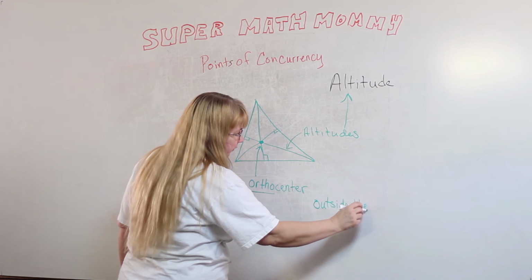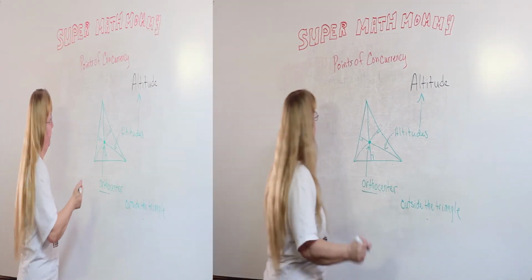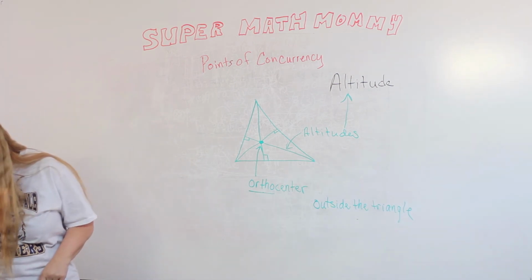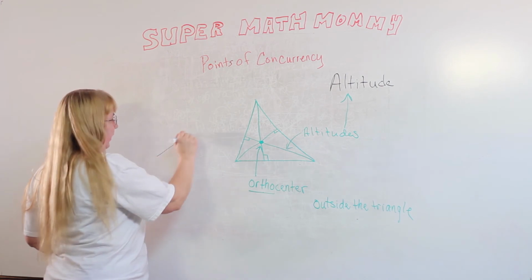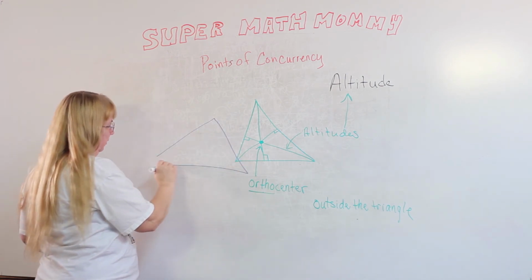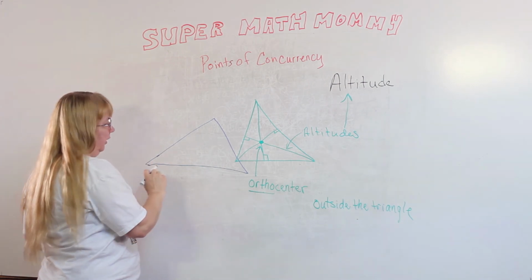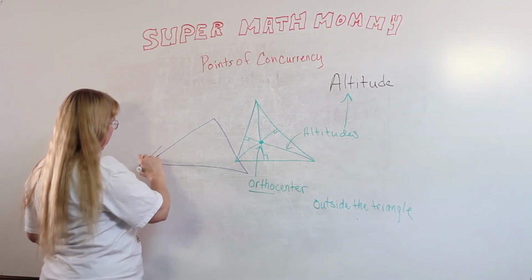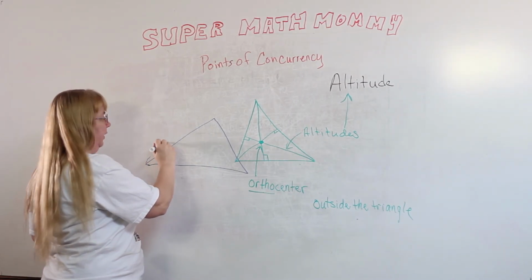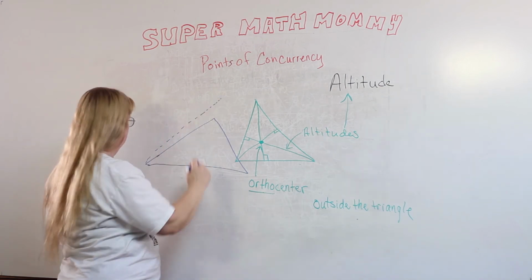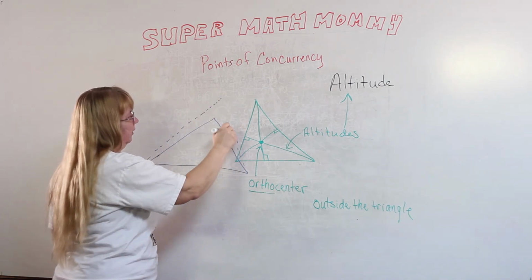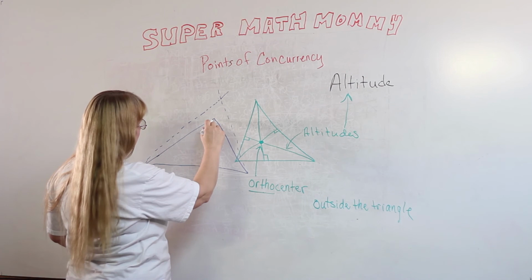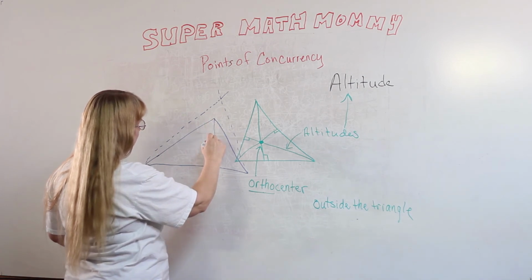Let's see how that looks. If we have, and this is tricky to draw sometimes, an obtuse triangle, and I start trying to drop perpendiculars, my perpendicular is actually going to be like this, and like this, and like this.